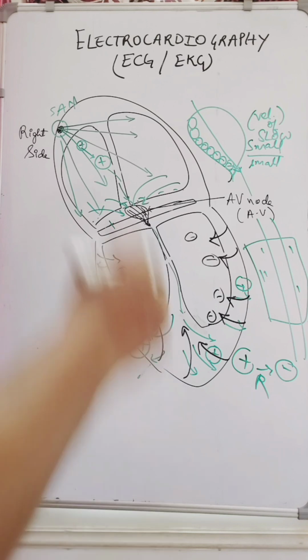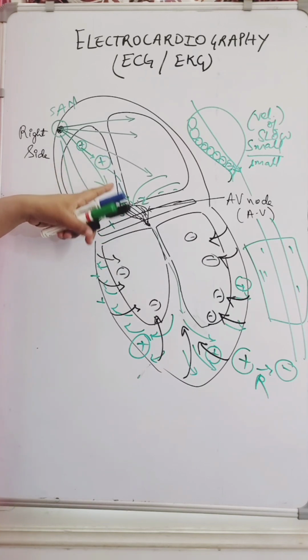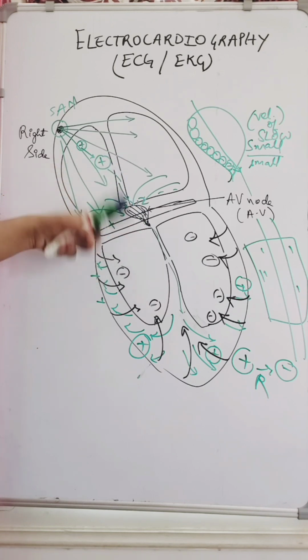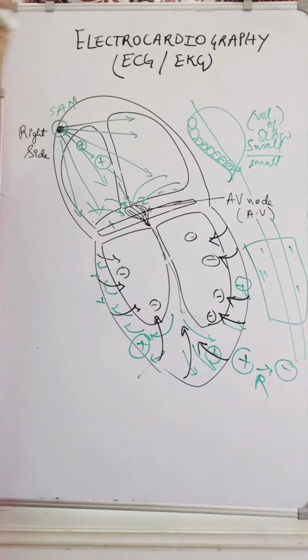But the peculiar thing to be noted during this process is that atrial repolarization occurs in such a way that it is almost synchronized and occurs simultaneously with the ventricular repolarization.